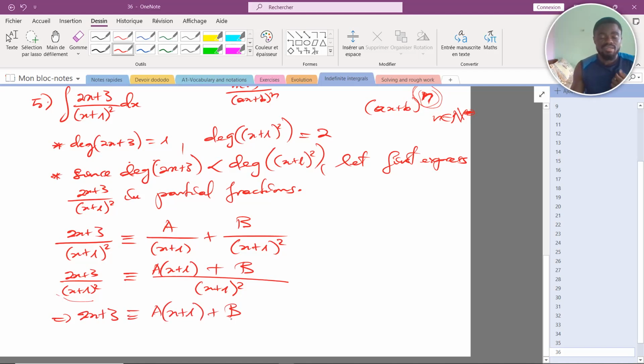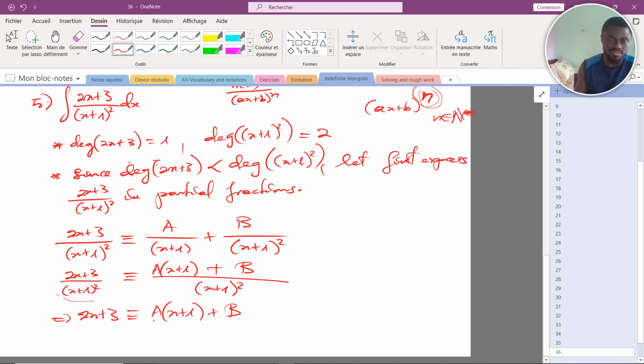Okay, there are two ways of proceeding here. The first approach is that you develop the other side and you equate like terms to have a system of equations.